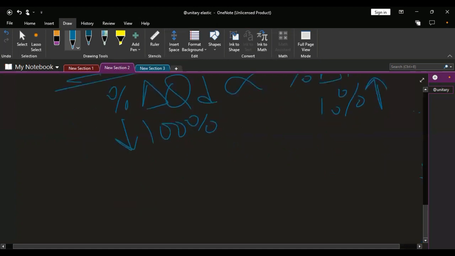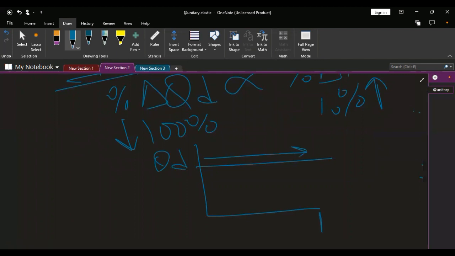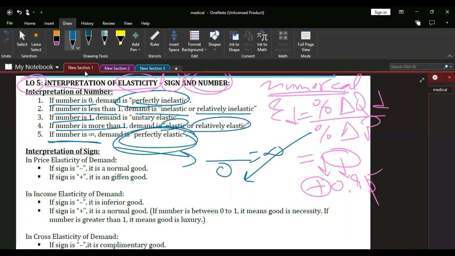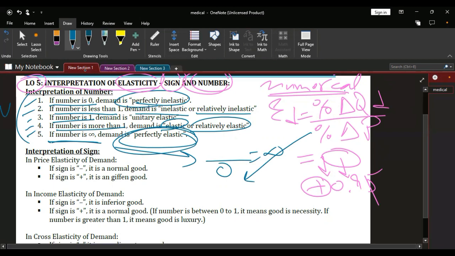Graphically, we can explain it as the quantity changing infinitely as compared to the price, without respecting the price. So these are all 5 cases regarding the magnitude or the value you got by dividing quantity demanded by price.